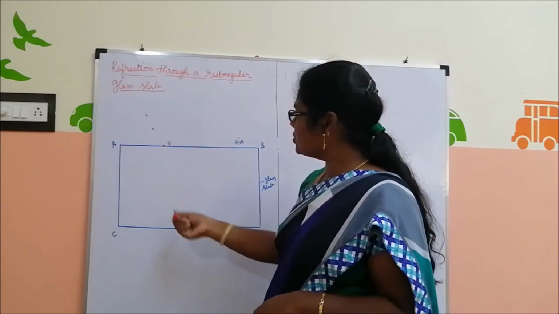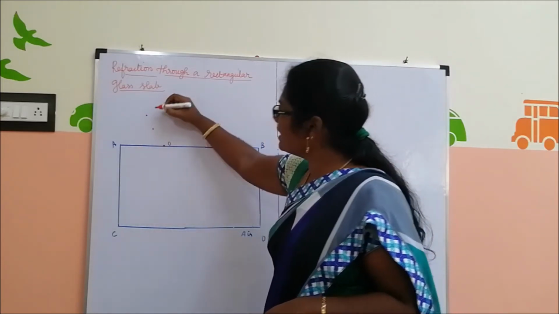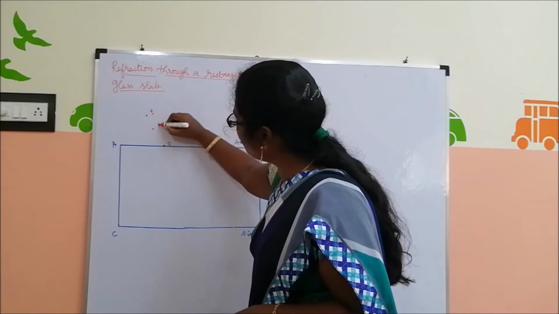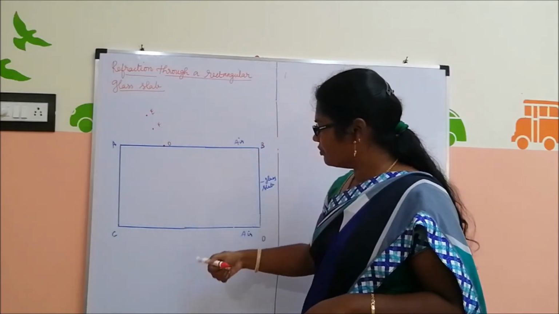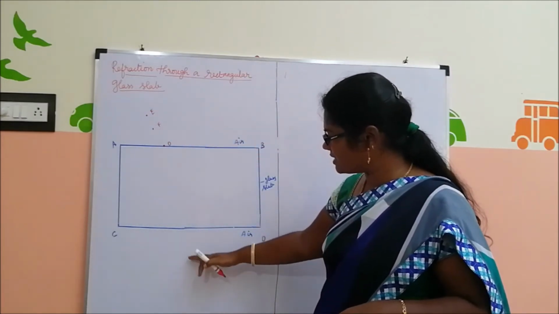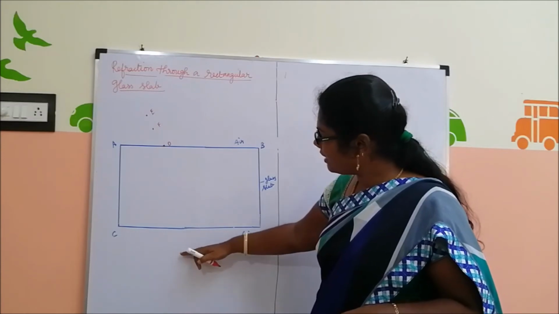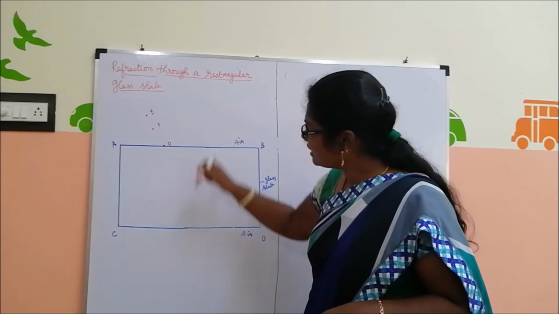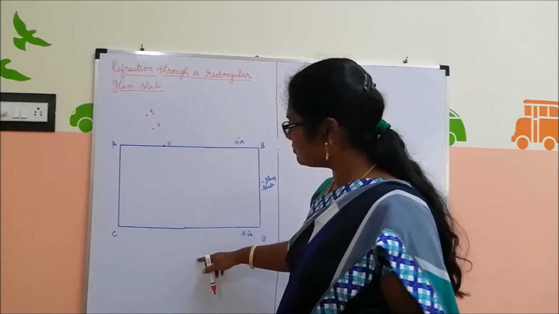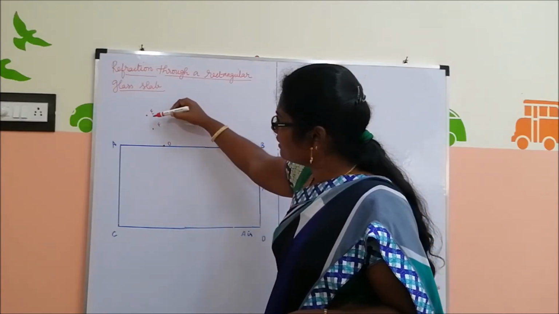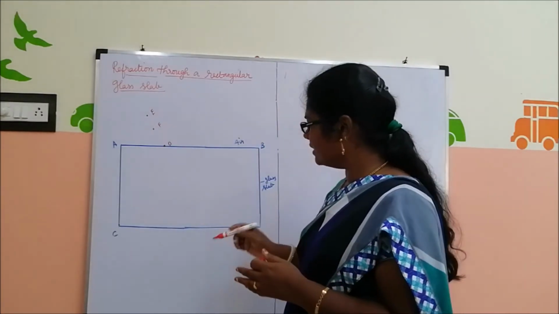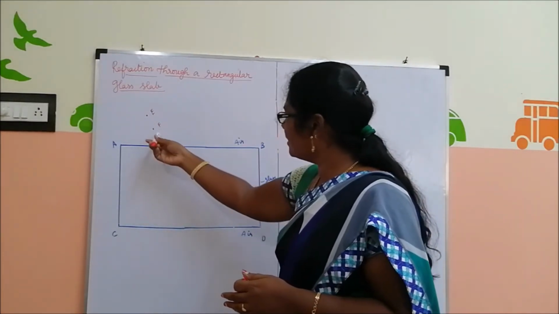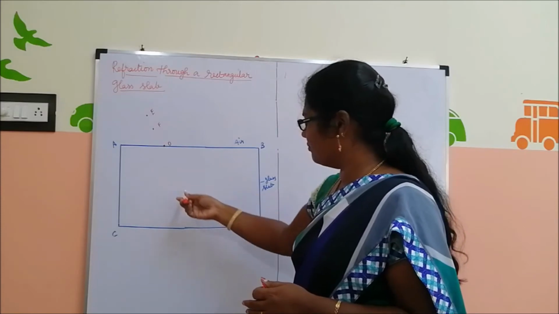Now we should see the image of E and F through the glass slab. We should sit or stand on this side of the glass slab, and we could see the image of these 2 pins here. So here we should imagine the straight line from the image of EF.